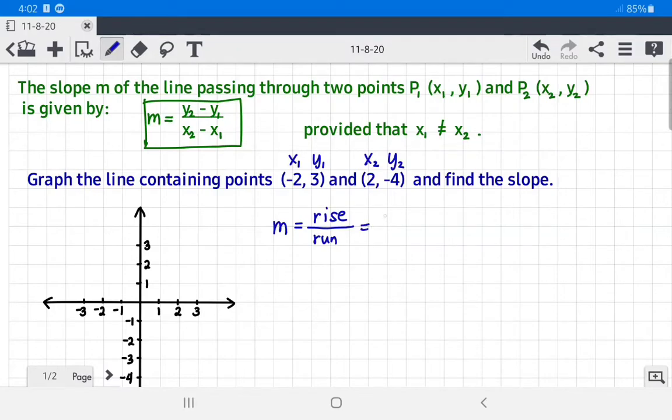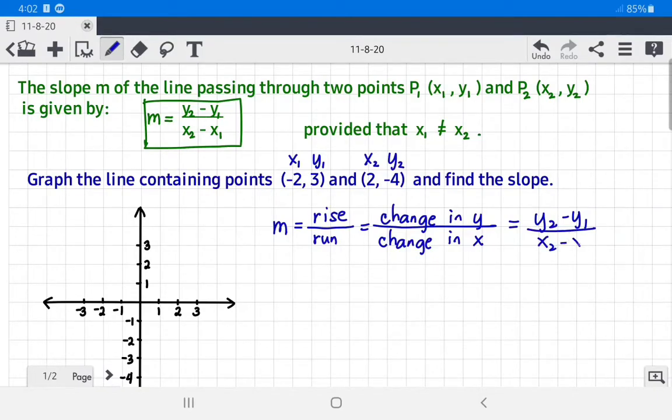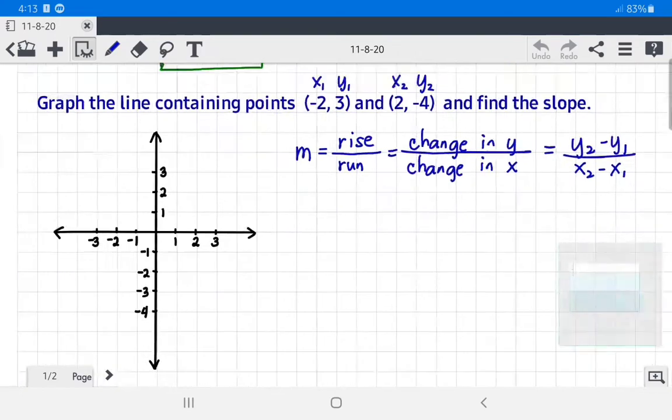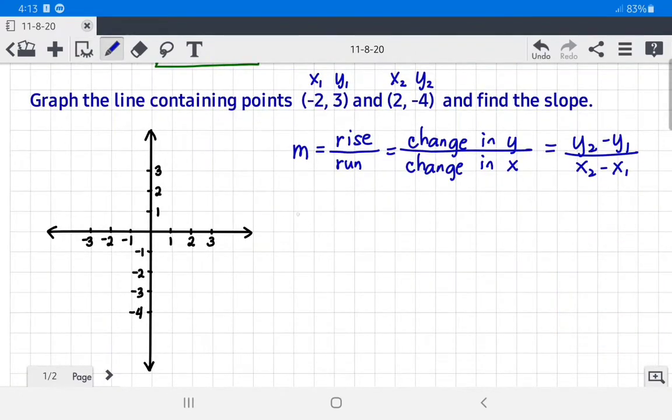So, this is the change in y over the change in x, or simply y2 minus y1 over x2 minus x1. If we're going to solve the slope algebraically, we're going to make use of this formula: m is equal to y2 minus y1 over x2 minus x1.